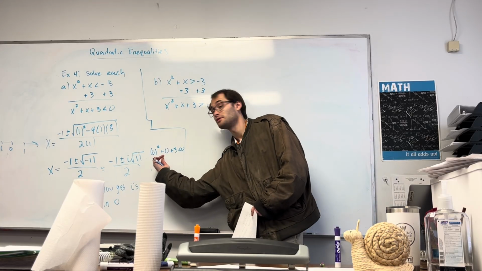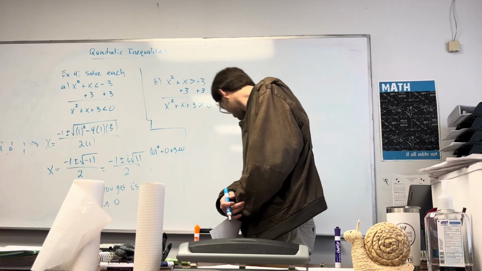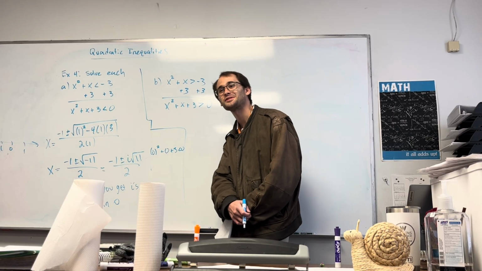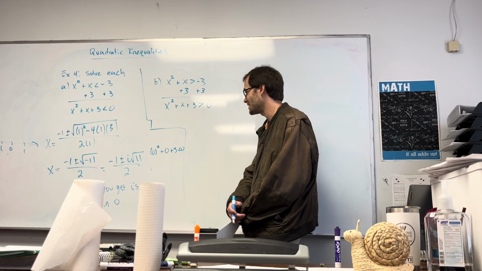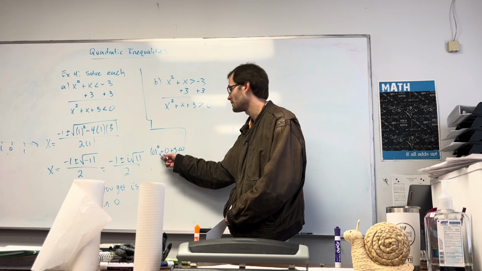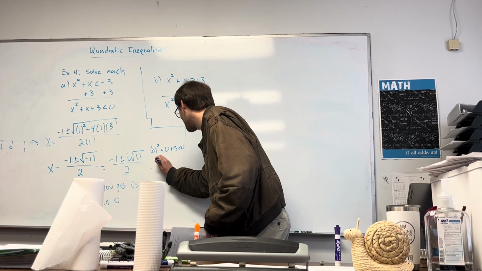What happens to these? What is 0 squared? 0. Plus 0 equals 0. Plus 3, 3. This whole left-hand side is just 3.